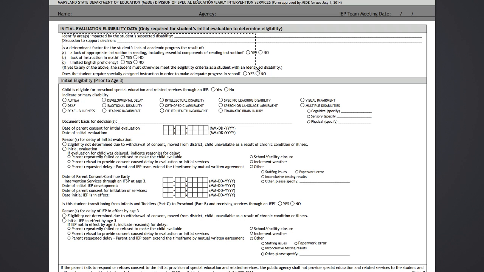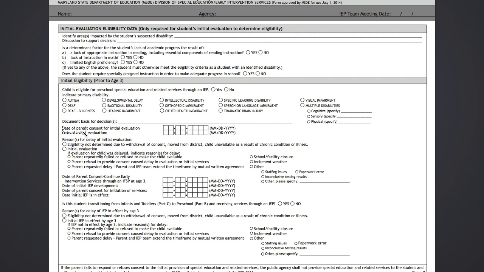Particularly this section right here that I'd like to highlight for you is a determinant factor for the student's lack of academic progress: is it the result of a lack of appropriate instruction in reading or math, or is the lack of progress a result of limited English proficiency? And so these are things that IDEA really asks the IEP team to rule out when they're considering whether or not a student has an educational disability under IDEA, and certainly important factors for the team to consider here.